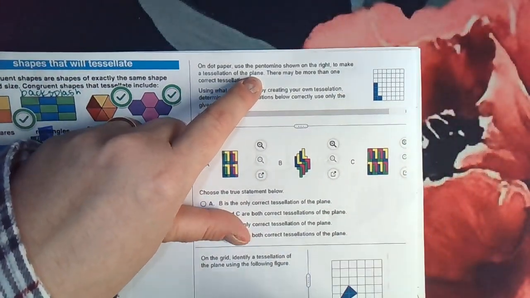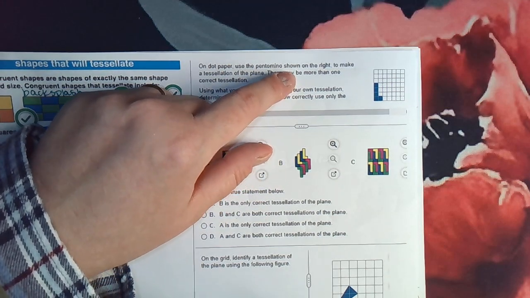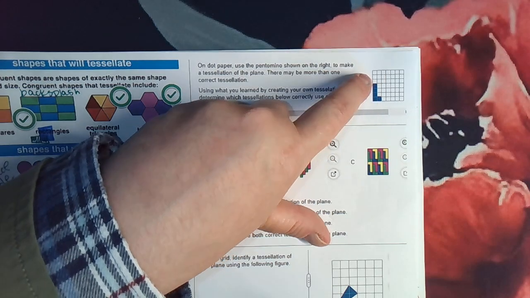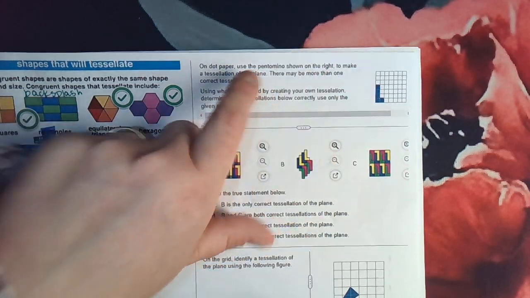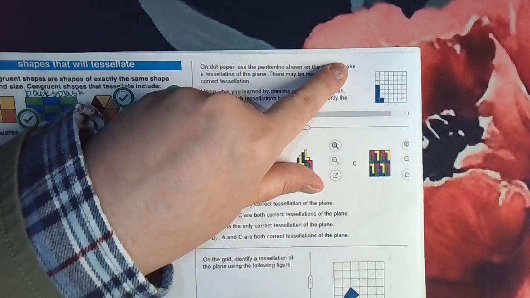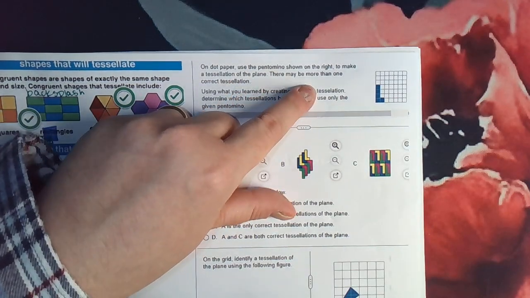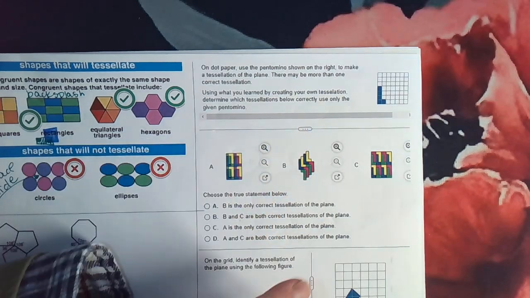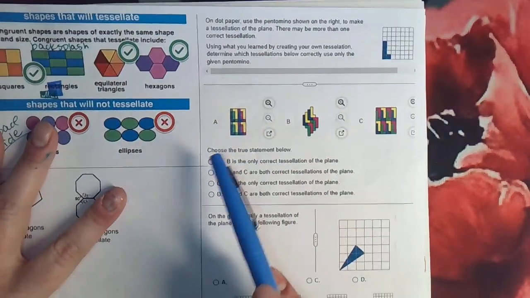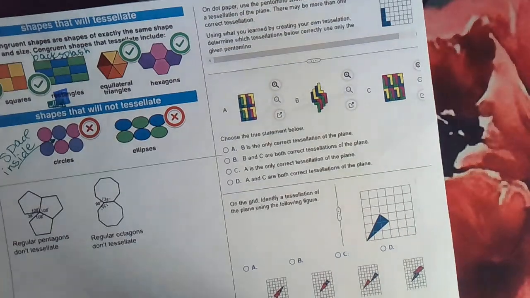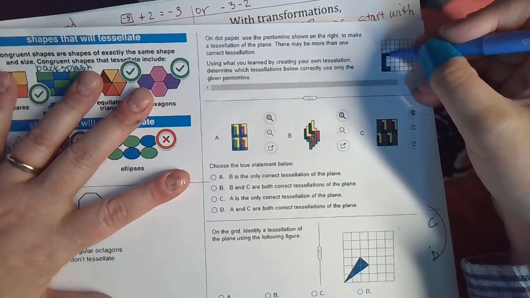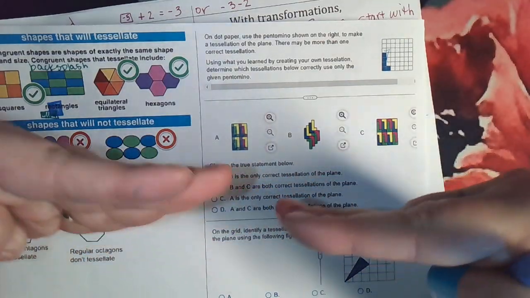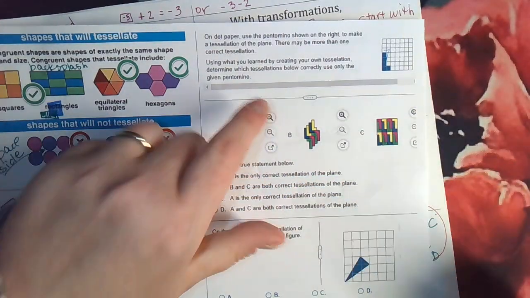Okay, let's look at this. It says on dot paper, use the pentomino. Whatever that is, I'm guessing it's this. It looks like 5 little boxes. Use the pentomino on the right to make a tessellation of the plane. There may be more than one correct tessellation. So we have to look at these pictures and see which one has this letter L fitted right next to another letter L, no overlap.